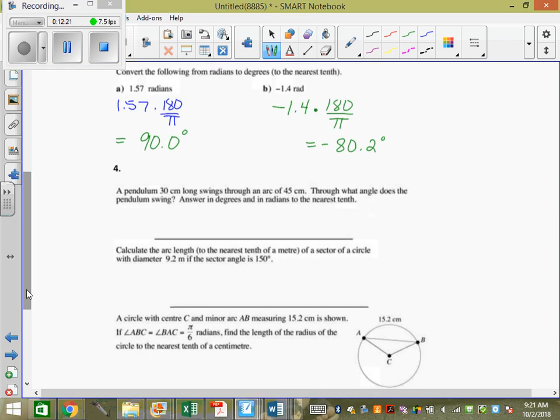The next little bit of what we look at actually follows the very top formula on your trig formula sheet. Theta equals A over R. This is your arc length.